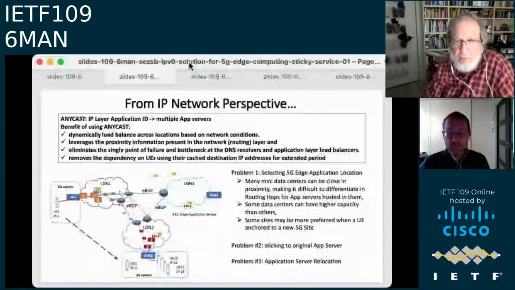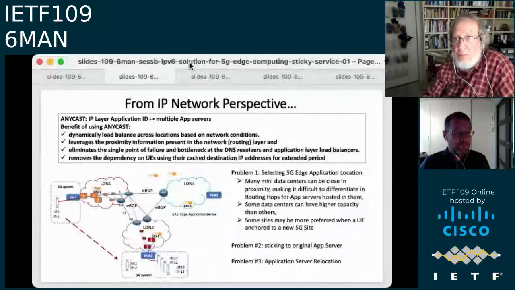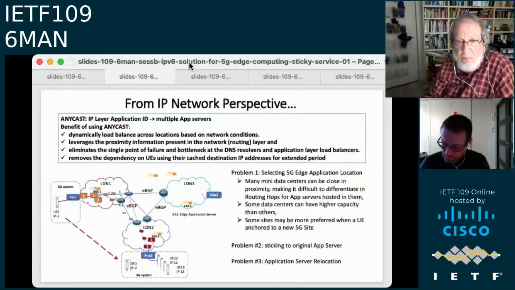Because at the IETF we're looking from the IP layer, what do we see from the IP layer for the local data network? For all those edge servers, multiple edge servers for one application, today the trend is using Anycast instead of having multiple local DNS resolvers in each LDN. There are many benefits of using Anycast.